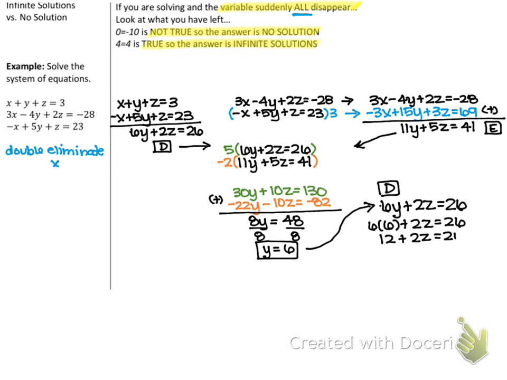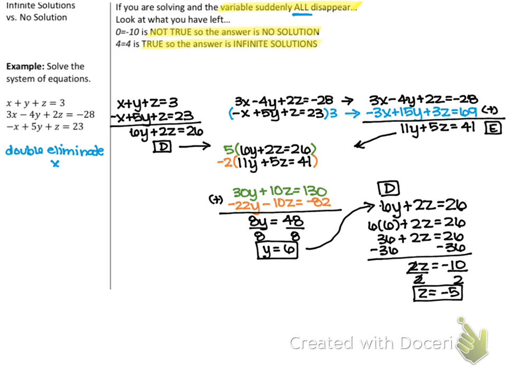This doesn't look right. Oh, 6 times 6. What am I doing? That's 36. Let's fix this. 2z is 26 minus 36. Okay, negative 10. Looks like z is going to be equal to negative 5.